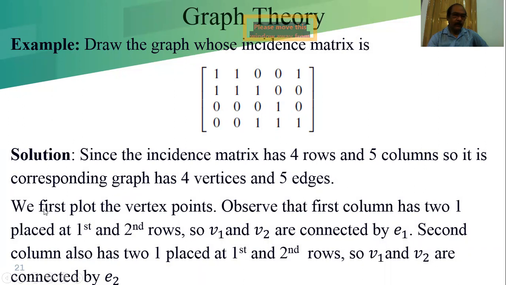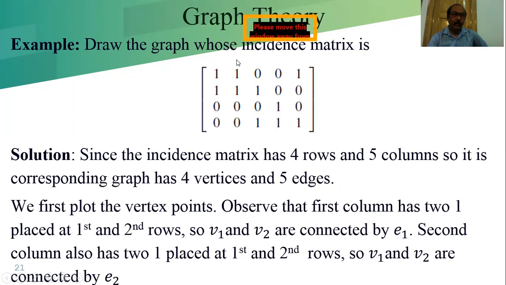First we plot the vertex points. Observe that the first column has its entries at the first and second rows, so V1 and V2 are connected by E1. The second column also has the 2, 1 placed at the first and the second rows, so E2 also connects V1 and V2.